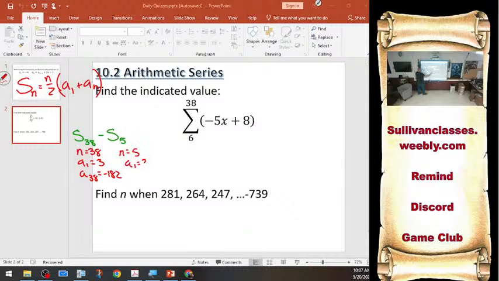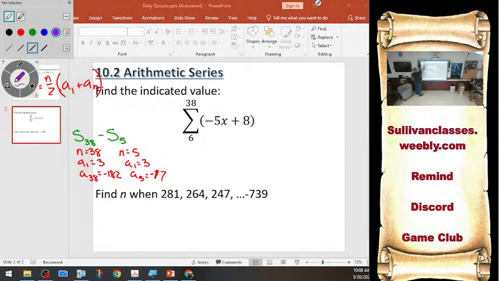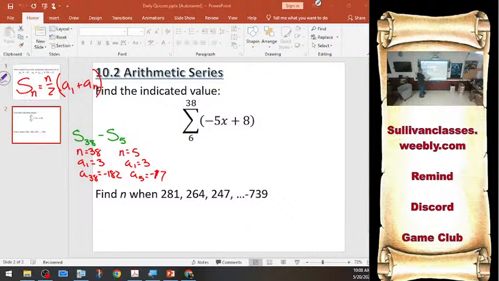A sub 1 is still 3 because I plug a 1 in. And a sub n will be a sub 5, so I should have 5 in there. Negative 25 plus 8 is negative 17. And then sum number 1 minus sum number 2. We'll have 38 over 2 times 3 minus 182 minus 5 over 2 times 3 minus 17.